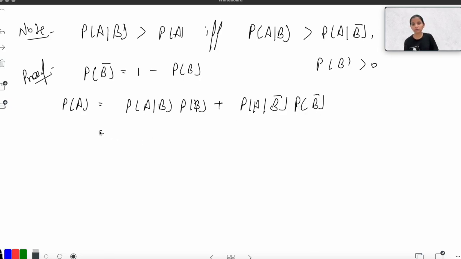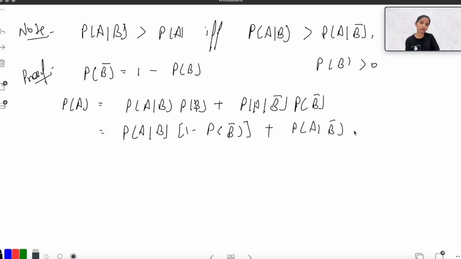Now we can rewrite probability of B as 1 minus probability of B bar. I'm sorry, my pen is leaking a lot today, but I assume you can understand it. And this remains the same: probability of A given B bar times probability of B bar.